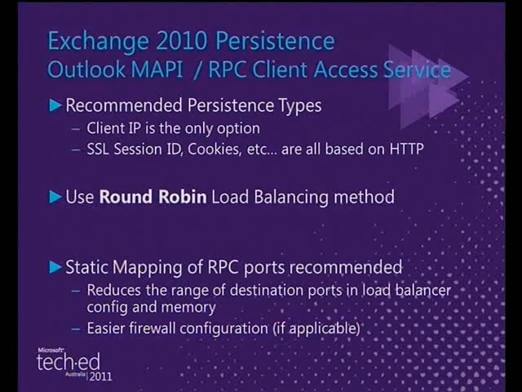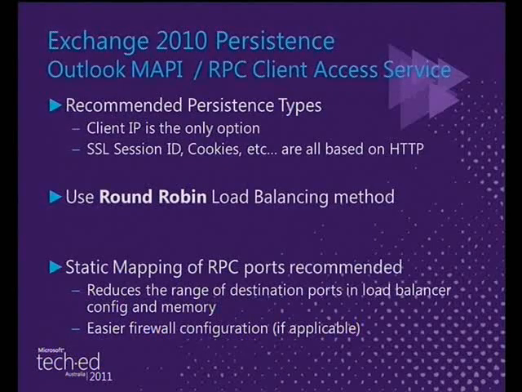We do recommend the concept of static mapping. What this does is reduce the size of the table in your load balancer's memory configuration. If our source port range is the entire client source port range, we have to keep a table with all of those port ranges defined, which consumes memory and/or processor utilization on the load balancer.